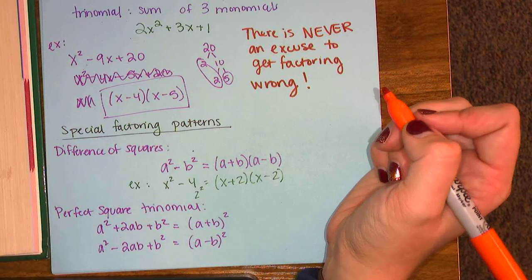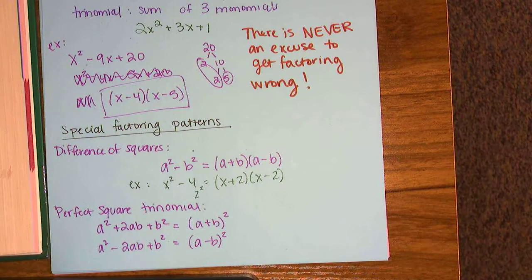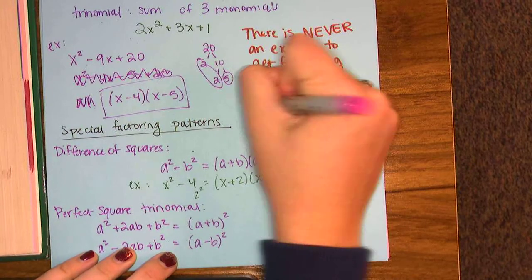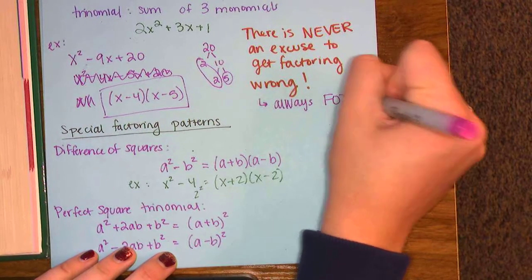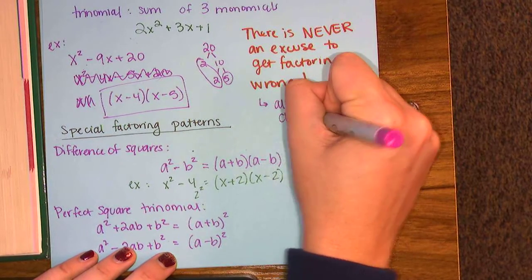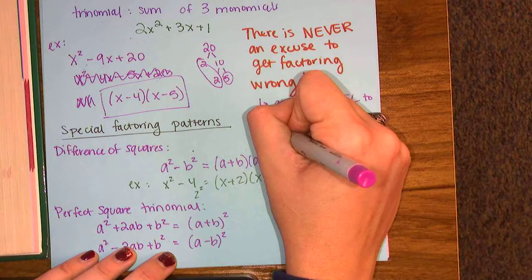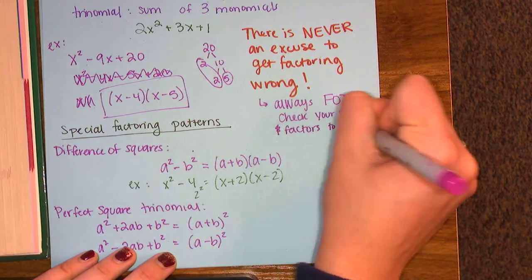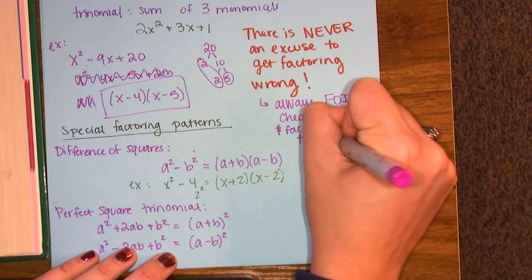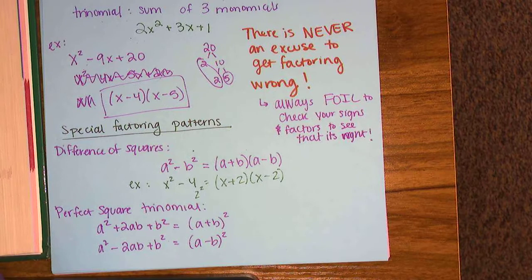You can always re-FOIL it to check it. Always FOIL to check your signs and factors to see that it's right. Never an excuse to get factoring wrong.